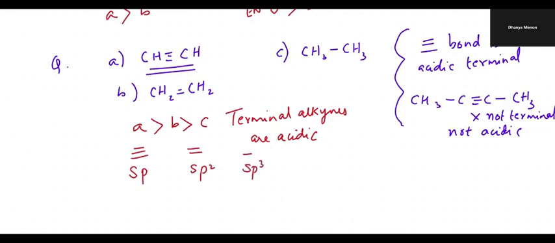And for S character, for sp, it is 50%, 50% S and 50% P. For sp2, the percentage is 33, and for sp3, I'm talking about the S character, it is 25%.